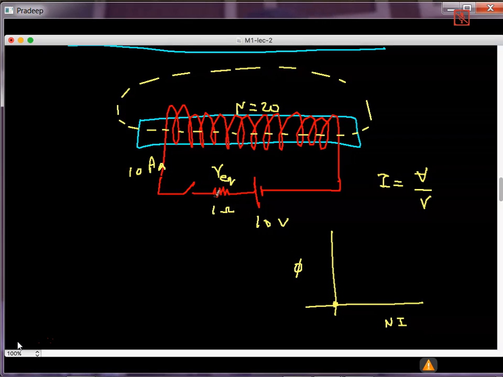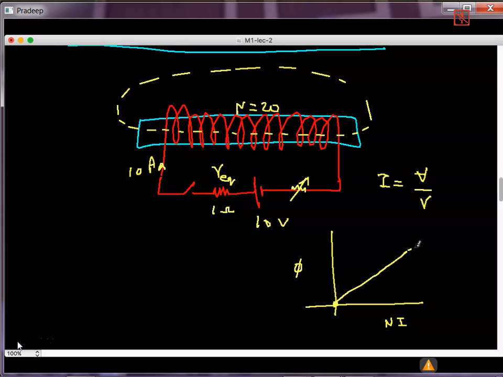I can also introduce a variable resistance here to control the current. If I give 1 ampere, 2 amperes, 3 amperes and gradually increase the current, the flux also increases. The relationship is a straight line like this. So this is the relation between Ni and flux. This is a linear part.